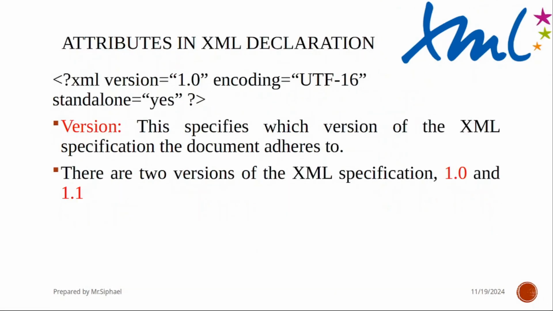So attributes in the XML declaration: we have the XML version. The version part declares what version you're actually using. This specifies which version of XML the document adheres to. There are actually two versions of the XML specification, 1.0 and 1.1. I highly recommend 1.0 for now because it's supported in basically everything that does XML.